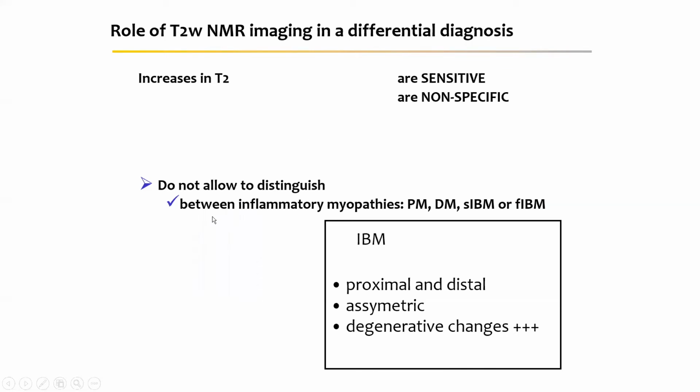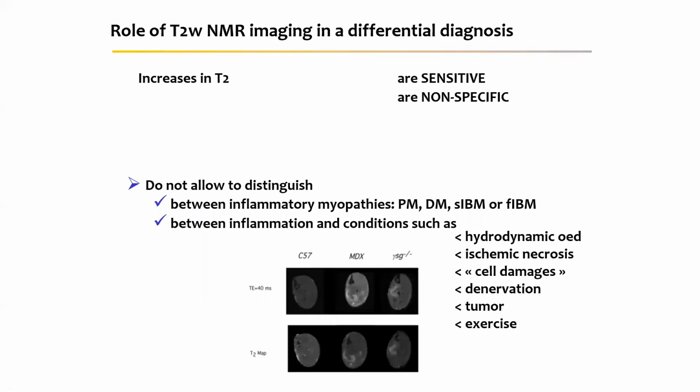It is of course the case when you have an inflammatory myopathy, whatever the origin. So the characteristics of the signal will not allow you to distinguish between these myopathies. Sometimes it can be the distribution of the changes that can, for example, help you to point in the direction of an inclusion body myopathy.